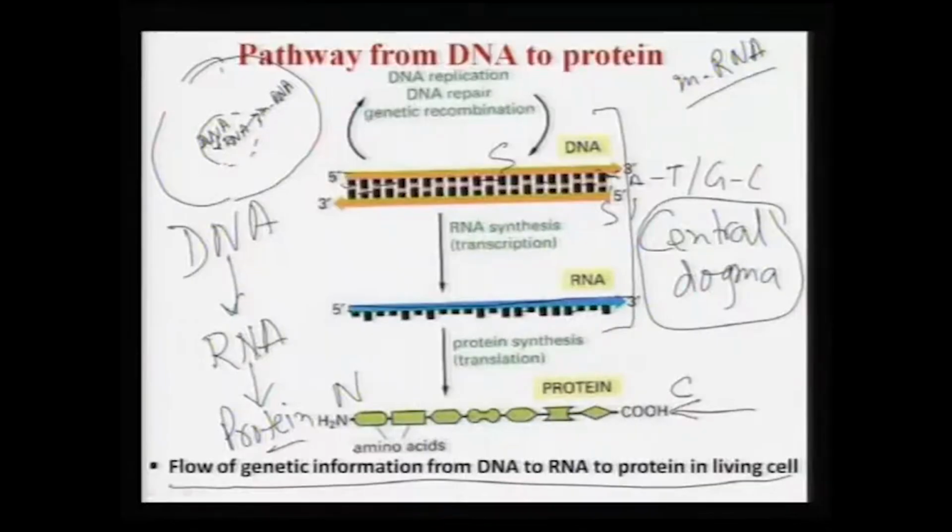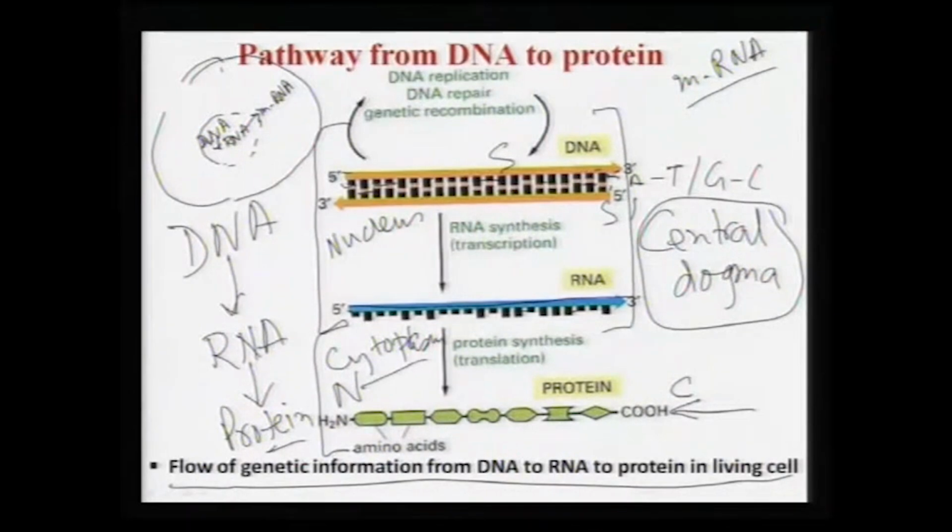You understand the whole process? So, up to this process, DNA to RNA, all takes place in the nucleus. From RNA to protein synthesis, this all takes place in the cytoplasm.